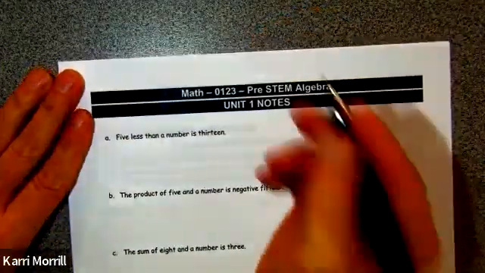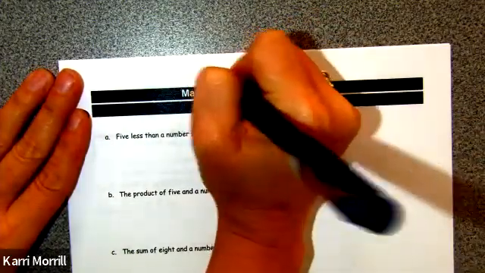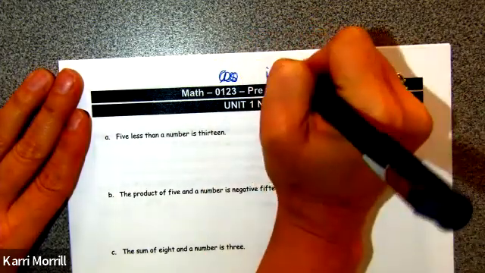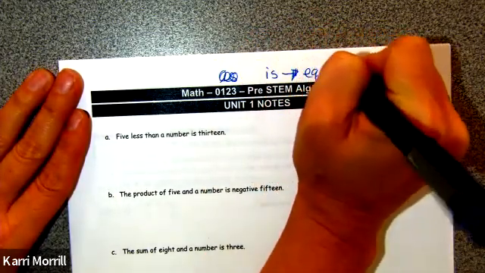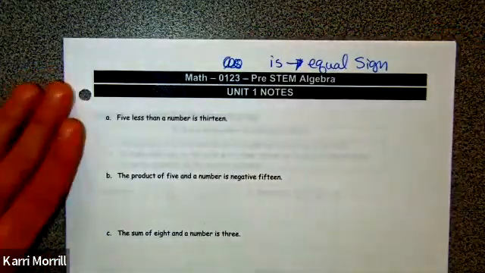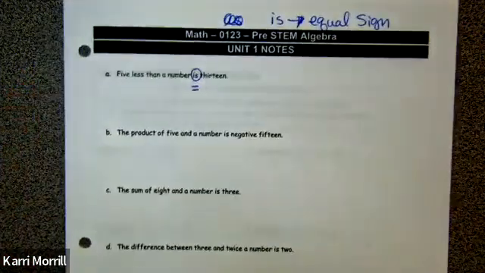that's one thing I didn't talk about. These are going to be equations, and anytime you see the word is, that's going to be your equal sign. What I like to do is circle it so I can see the 2 sides of my equation right off the bat.